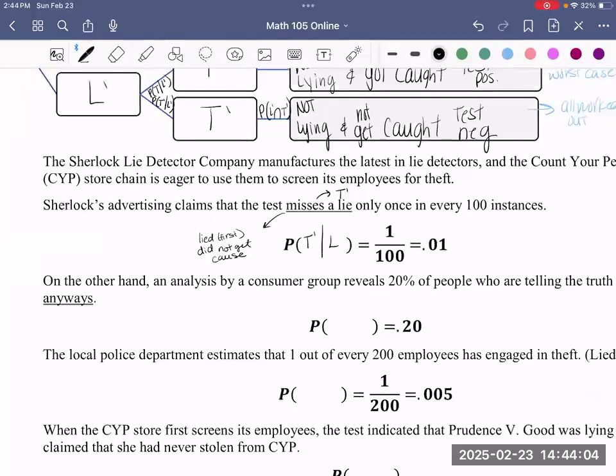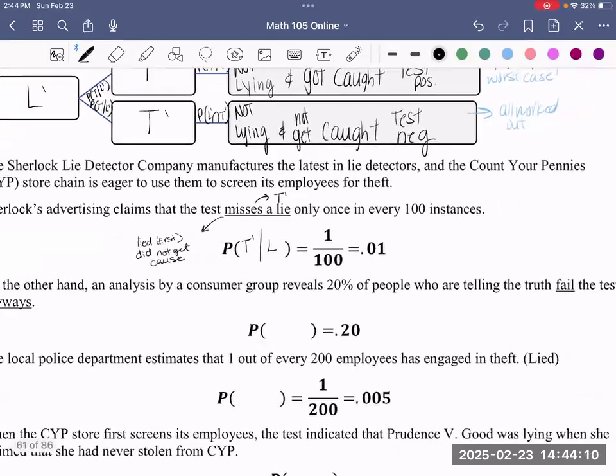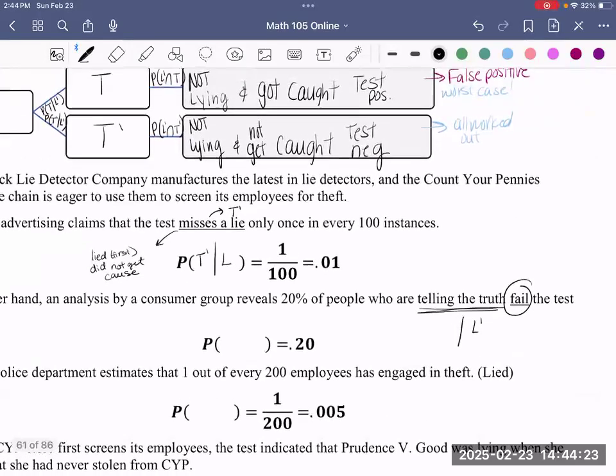So it says, on the other hand, an analysis by a consumer group reveals that 20% of people who are telling the truth, so we know that has occurred, are not lying, but they failed the test anyways. So they did not lie, but the test thinks that they are lying.